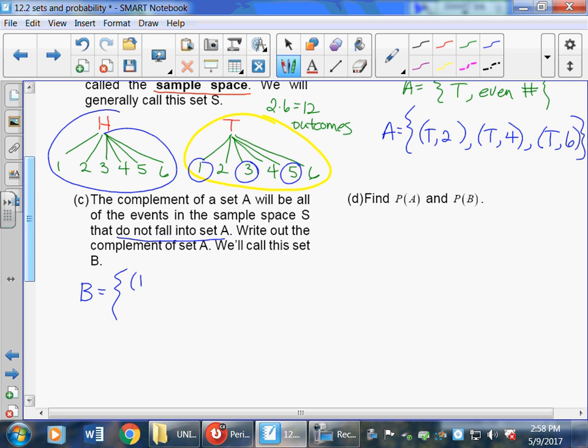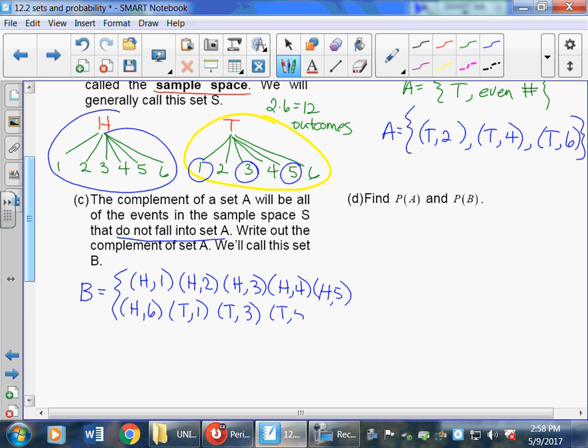So I'm going to have heads 1, heads 2, heads 3, heads 4, heads 5, heads 6, and now I'm going to have tails 1, tails 3, tails 5. I know it seems weird, but you should really have commas between these as well. I don't think you'd lose any points for that, but it makes sense.